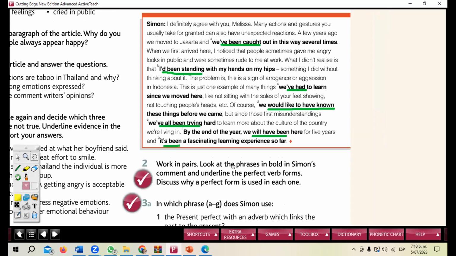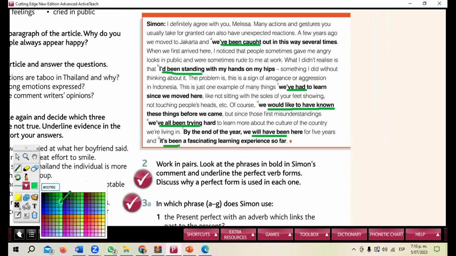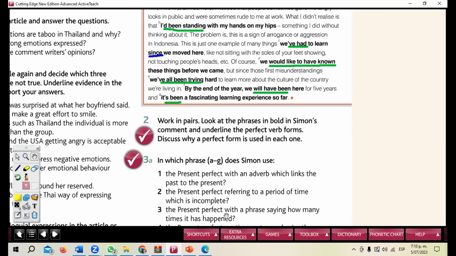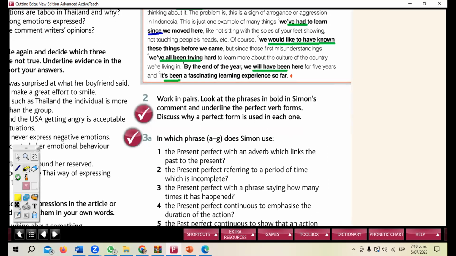Teacher, letter C. Yes, letter C. And the adverb is "since", okay? So this is the adverb that it is referring to. This links the past to the present. Since we moved here, we've had to learn. Okay, very good. This is letter C. The answer is C.